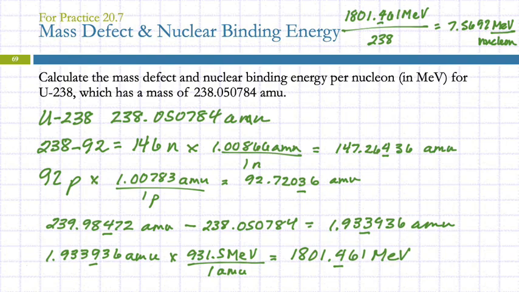This is a good place to practice your sig fig skills. This is definitely a place where you do not want to round too much, because when you're looking at small mass differences, precision matters.